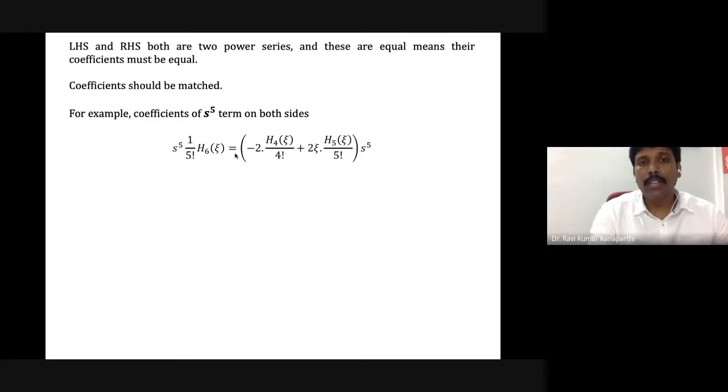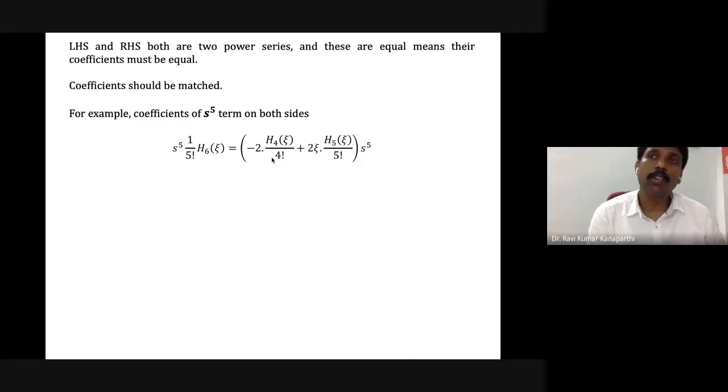Then on the right hand side, there are two terms. The first term contains sigma n runs from 0 to infinity. There is of course a constant minus 2, and inside the summation we have s to the power n plus 1 by n factorial.